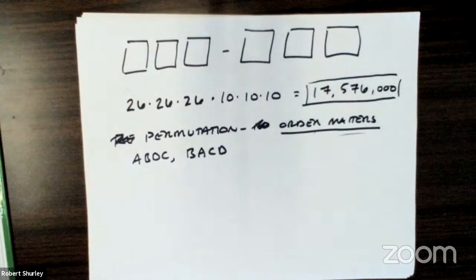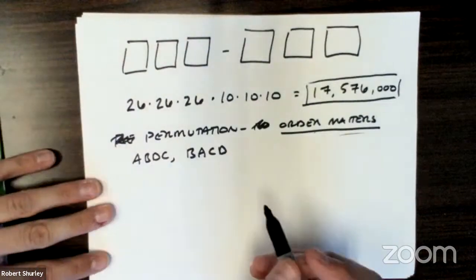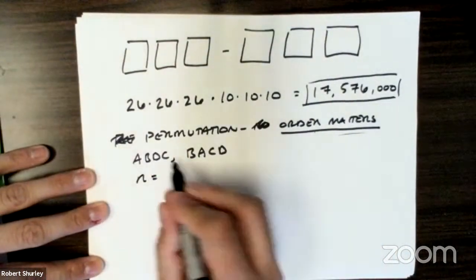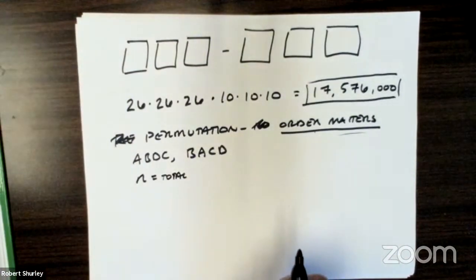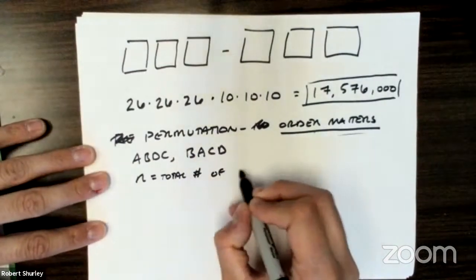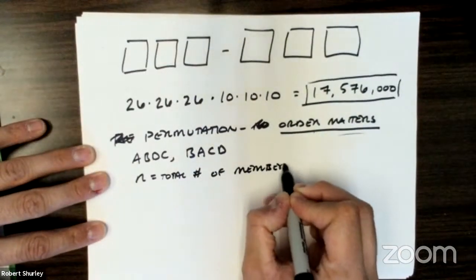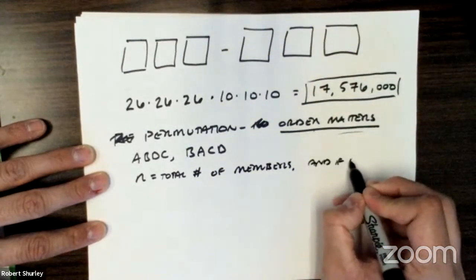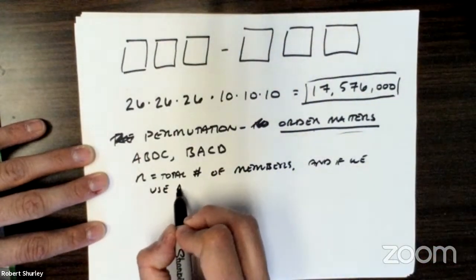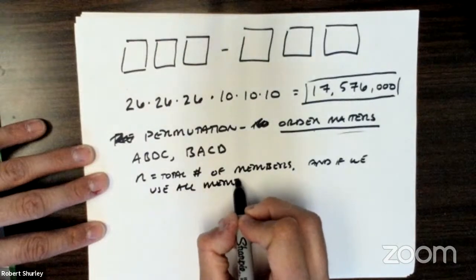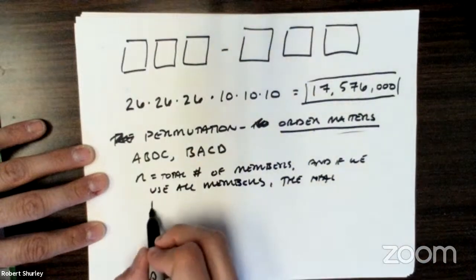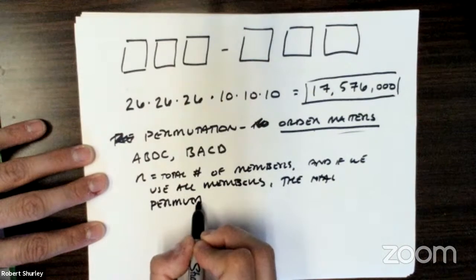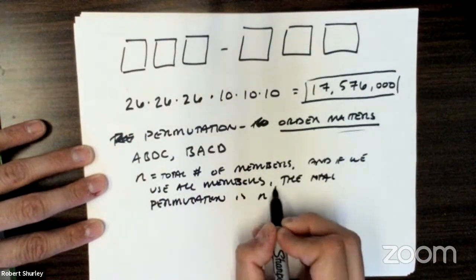If every member of the group is selected in each possible permutation, then the total number of permutations possible is n factorial. So let's talk about that. If n is the total number of members, and we use all members, the total permutation is n factorial.